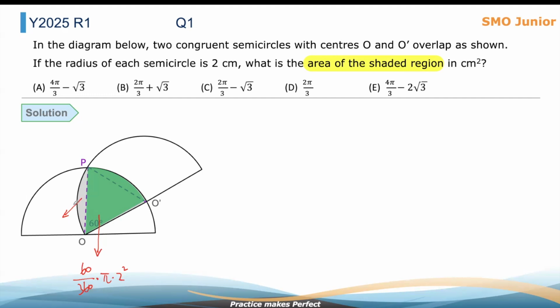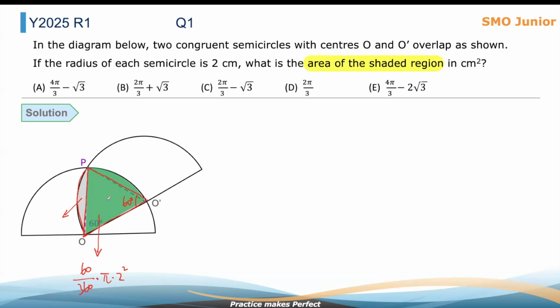For this minor segment, its area equals the area of this sector with angle 60 degrees, then minus this equilateral triangle.